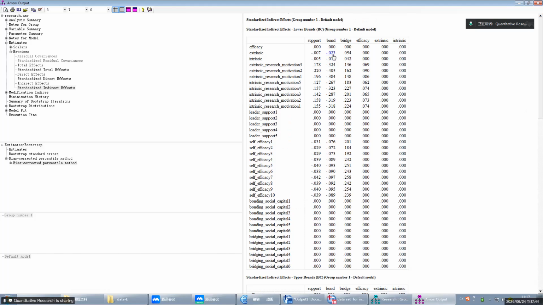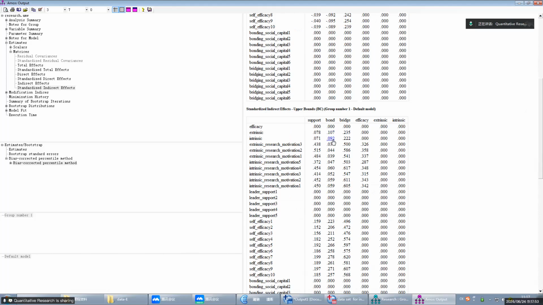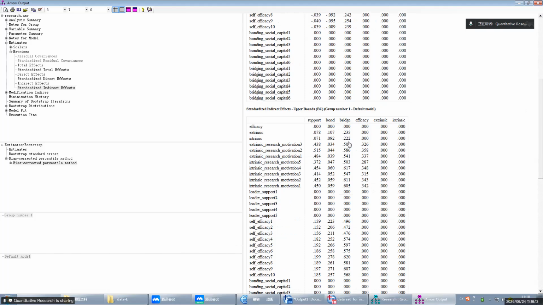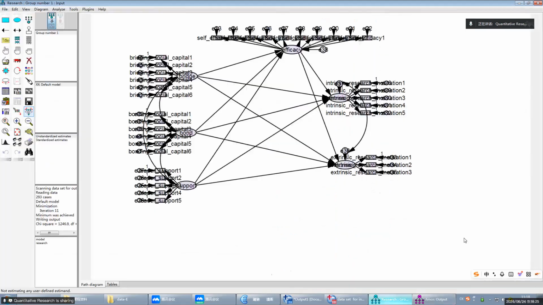Okay, next, bond to intrinsic motivation, minus 0.017 to 0.092. It contains 0, right? Not significant. Last, bridge to intrinsic motivation, 0.042 to 0.222. It does not contain 0. It's significant.